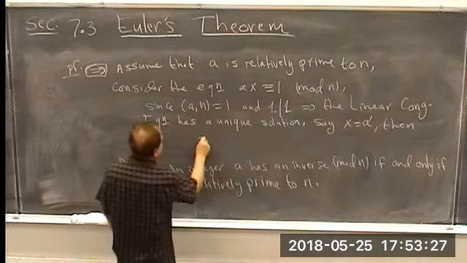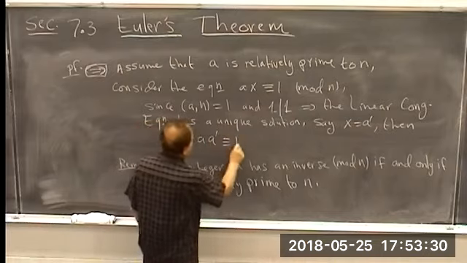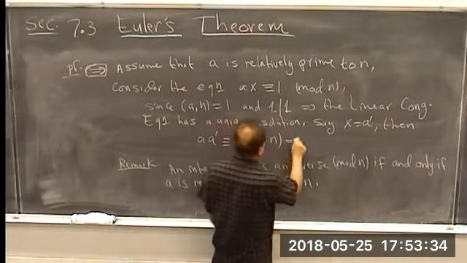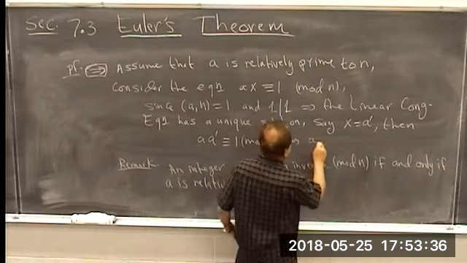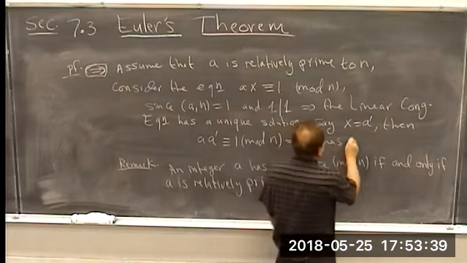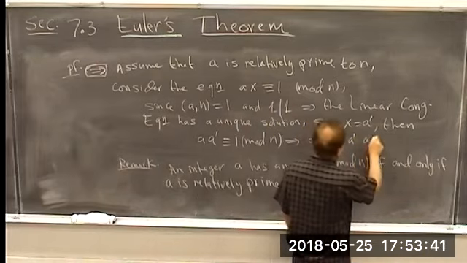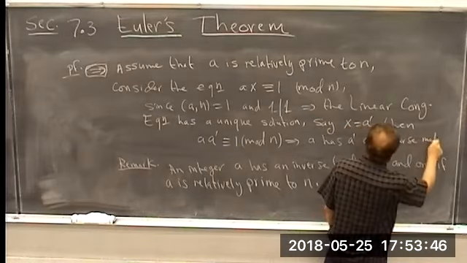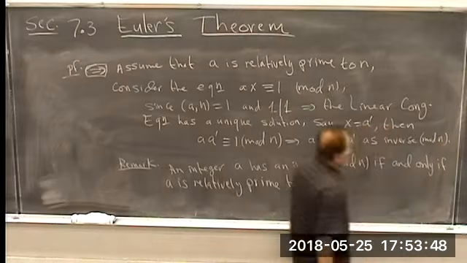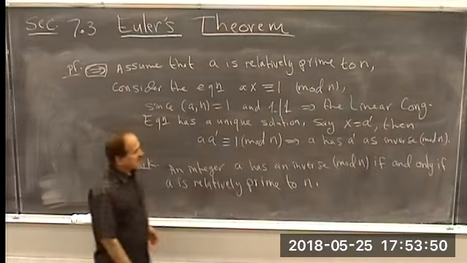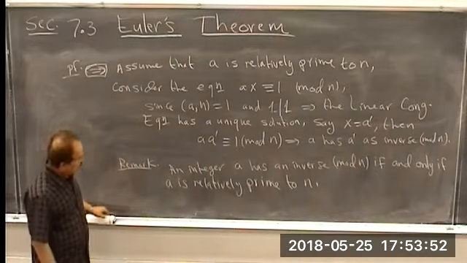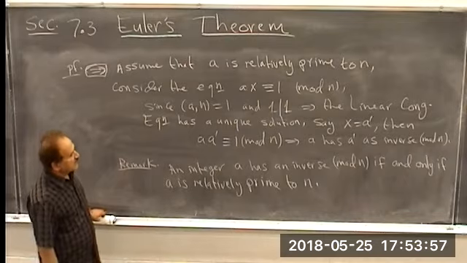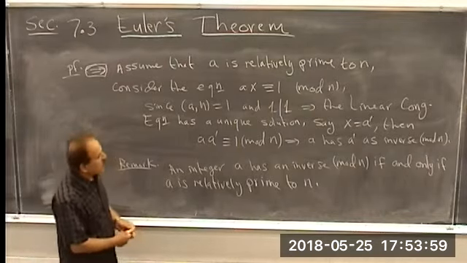We satisfy this equation, a a prime congruent to 1 mod n, and this implies a has a prime as inverse mod n. Sometimes we use the word inverse instead of saying multiplicative inverse, whenever the context is clear, we don't need to mention multiplicative.